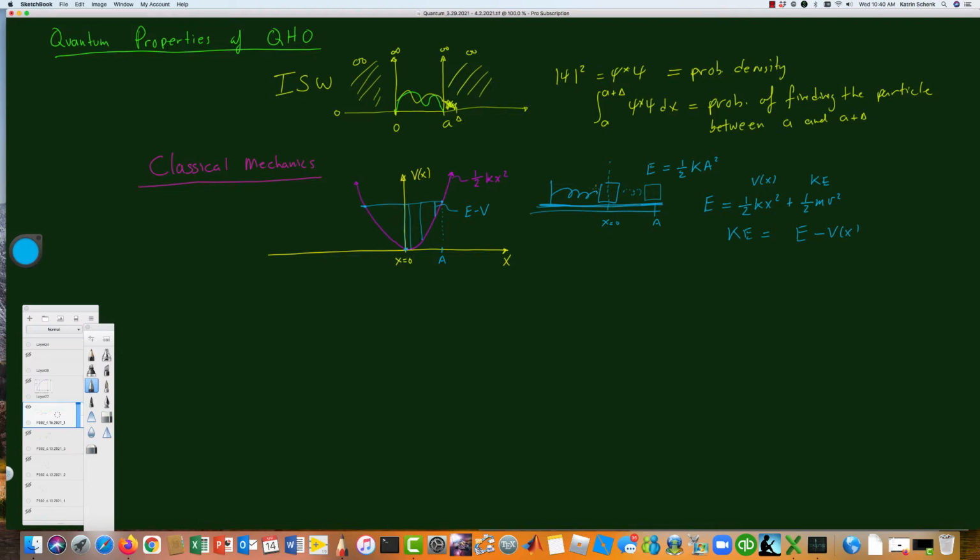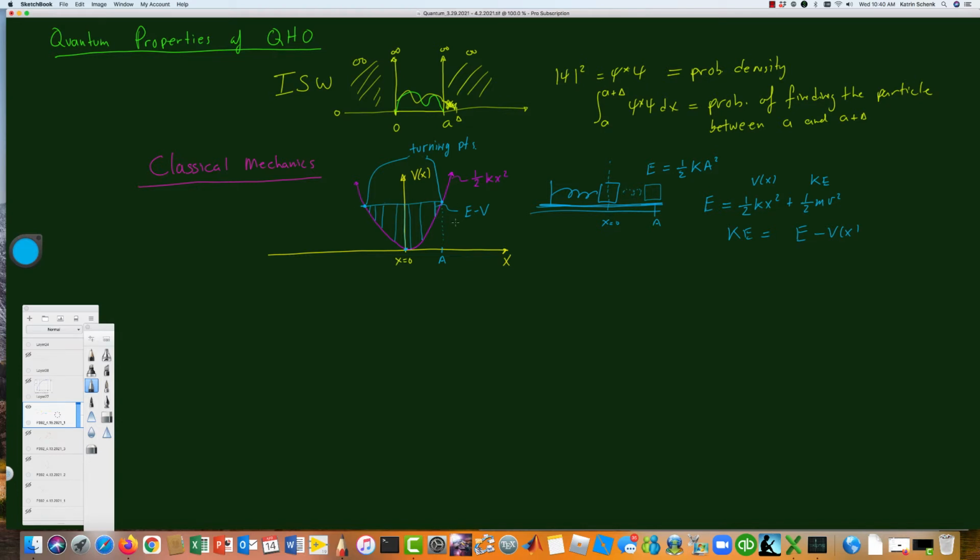And then, of course, it's going to come past that equilibrium point and slow down again, till it stops here and turns around. In fact, these two points, this one and this one, are both called turning points. This is where the particle is turning around and going back and forth forever, because there's no friction.